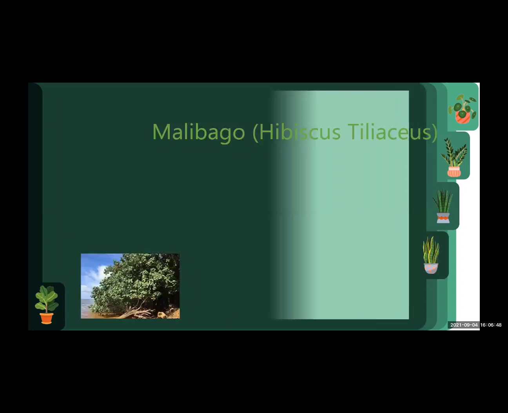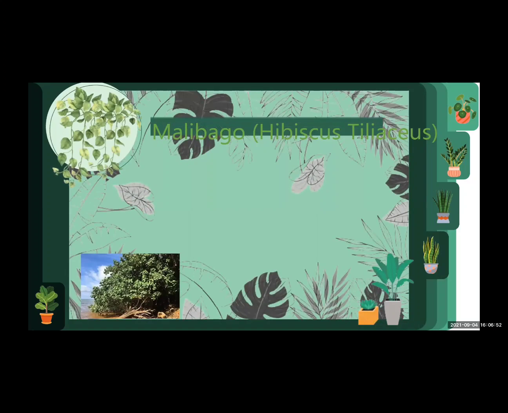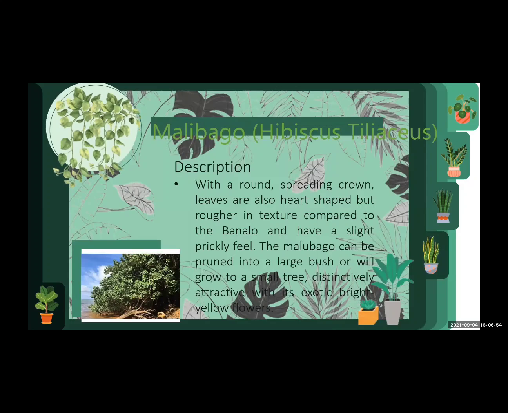Next is Malibago, Hibiscus tiliaceus. Description: with a round spreading crown, its leaves are also heart-shaped but rougher in texture compared to the banalo, and have a slightly prickly feel.